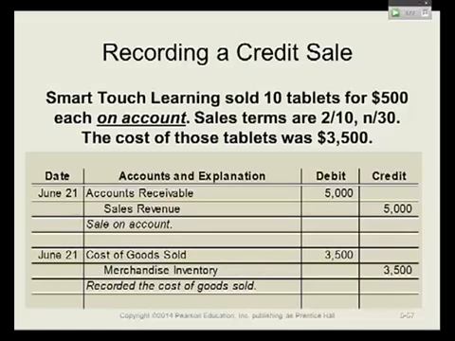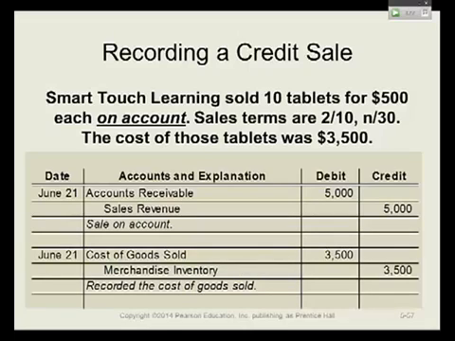Now, just as we did in the purchase chapter, what I want to do is track some of these numbers. So what I'll do is on the document camera, I'm going to build some T accounts for you. And this is a good way to look at this. You can look at 3 T accounts. We're going to have sales. We're going to have accounts receivable. And I'm going to have COGS.